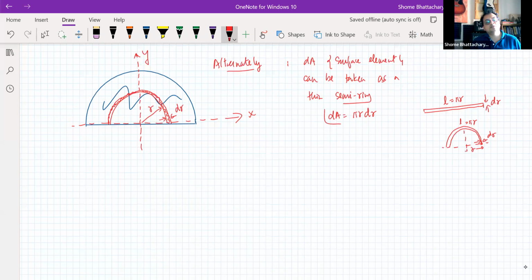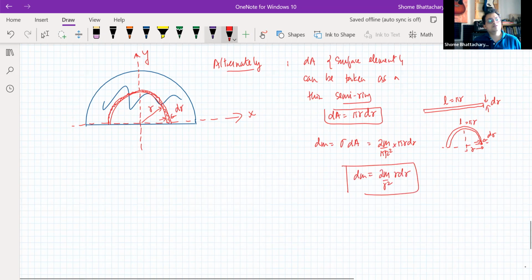So the area becomes this. Okay. So mass of that becomes sigma dA. So that becomes 2m upon pi R square into pi r dr, or 2m upon R square into r dr. This becomes the mass of that.